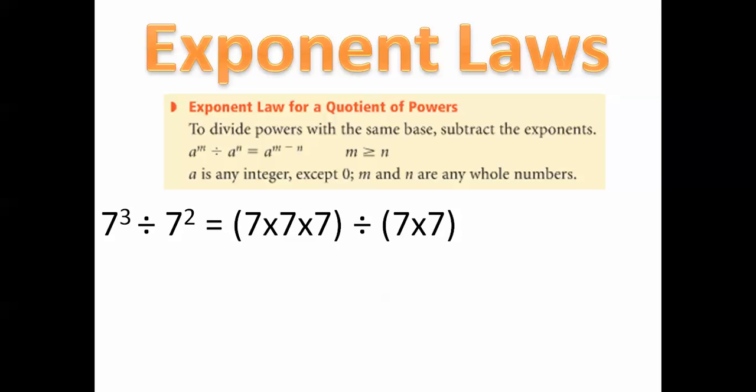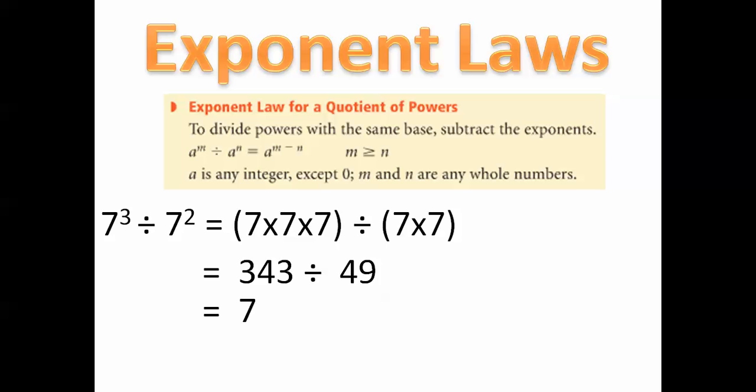7 cubed divided by 7 squared is equal to 7 times 7 times 7 divided by 7 times 7. This gives us 343 divided by 49, which gives us 7. We know that 7 can also be written as 7 to the power of 1.